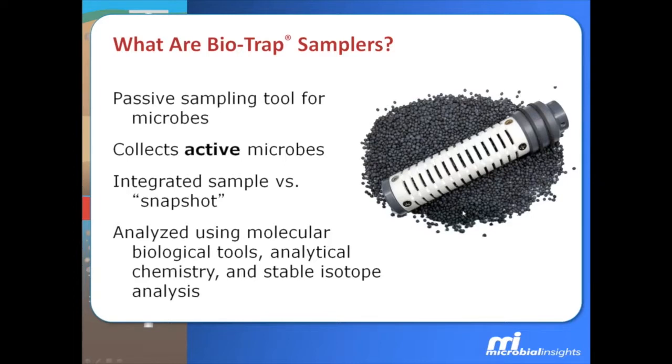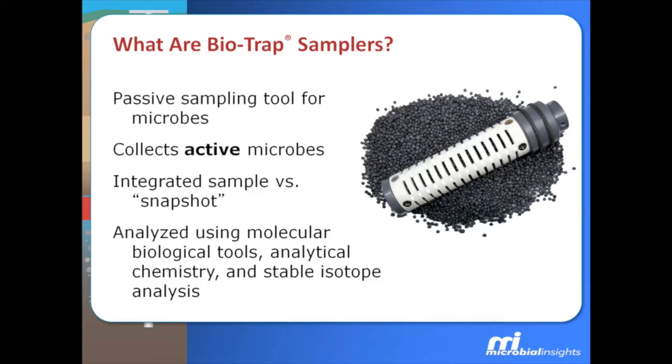And typically that environment is going to be a groundwater monitoring well, but it can be any of the many different types of environments, as you'll see. But basically, before an organism can actually get into the bead and participate in the formation of a biofilm, it has to be actively growing and reproducing in that environment during the time of sampling.